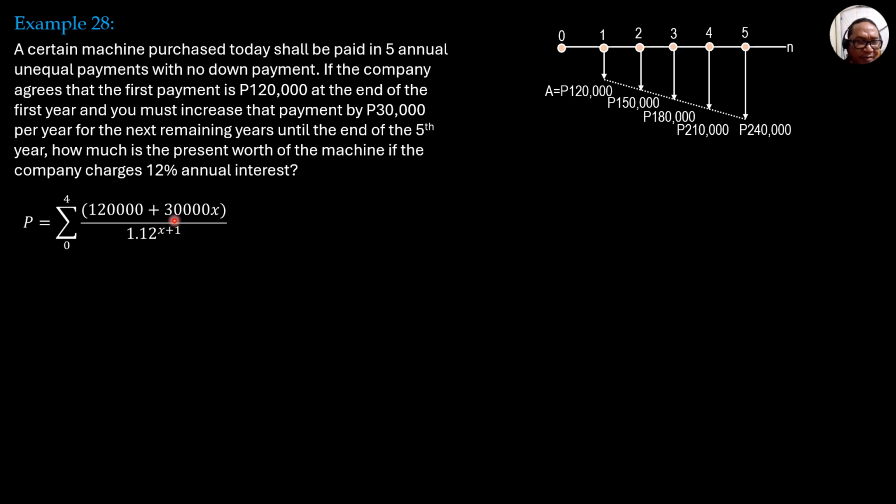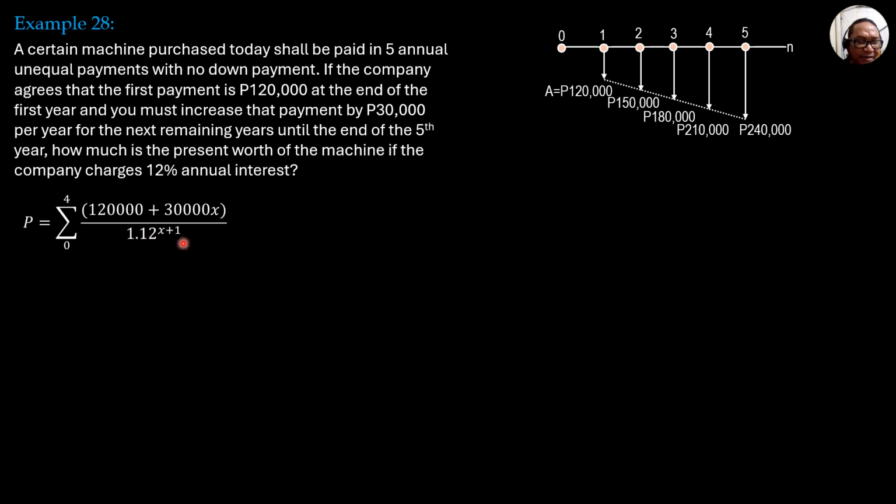So let's check. When x is 0, this is 120,000, and we divide 120,000 by 1.12 raised to 0 plus 1. Then if x is 1, 120,000 plus 30,000 times 1, this is 150,000 at the end of year 2.